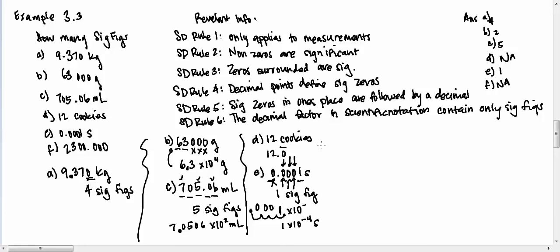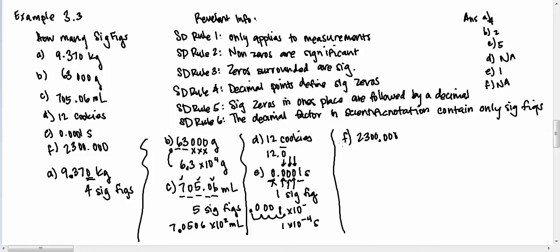All right, the last one is F. And the number I'm dealing with is 2300.000. And the answer to this one is there's no units. This could be a measurement, but I don't know if it's a measurement because there's no units.